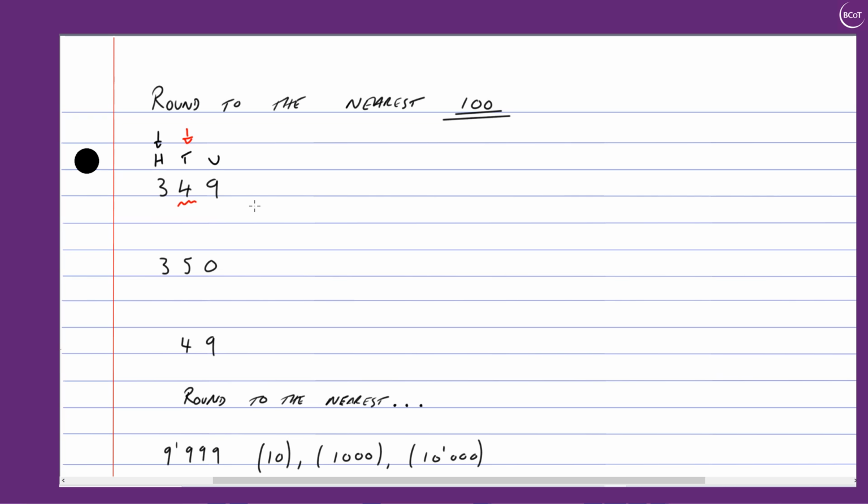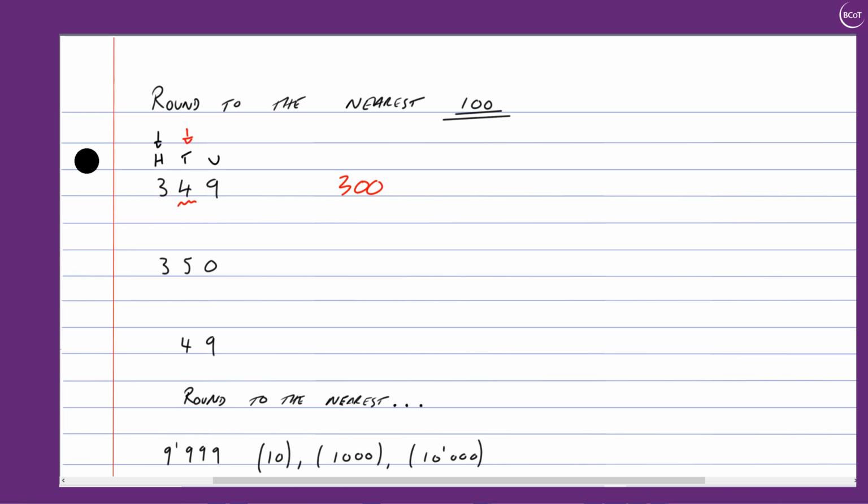And because 4 is less than 5, the number rounds down to the lower amount of hundreds. So this will become 300. So 349 is less than halfway, basically, between home and our destination, where the home number would be 300 and the destination, I said in the example at the start, would be 400. So 349 rounded to the nearest 100 is 300.